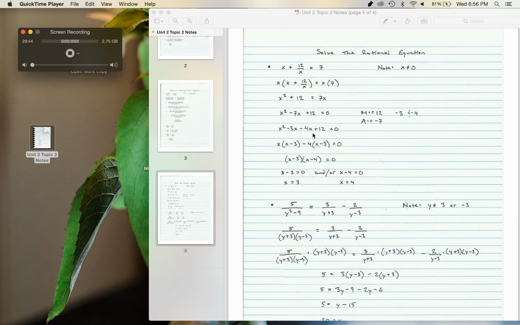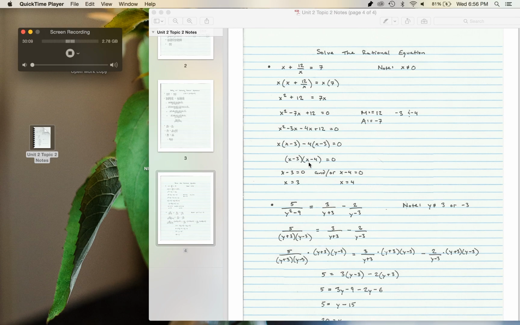For the second group, -4x plus 12 has a common factor of -4. When I pull out the -4, I'm left with x minus 3. Okay, carry down my equals 0, and notice that I have a common factor of x minus 3. I can pull out those x minus 3's, and I'm left with x minus 4.